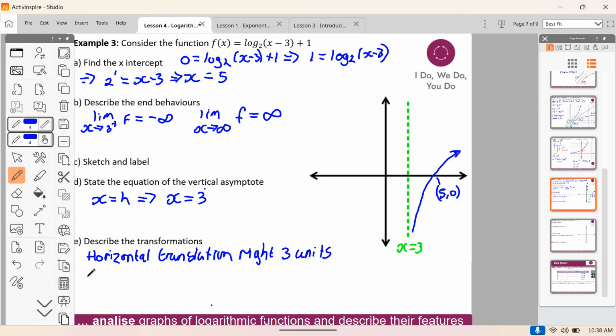We have a vertical translation up 1 unit. I've done everything? Yes. All right.